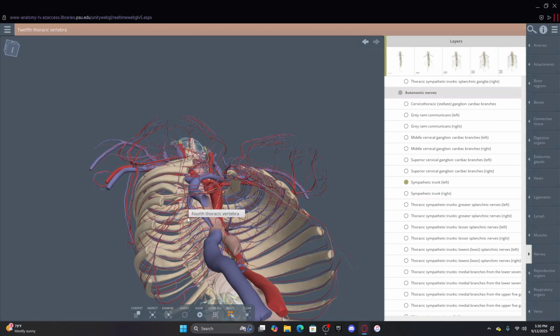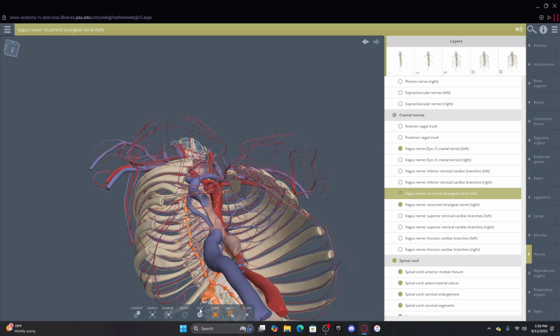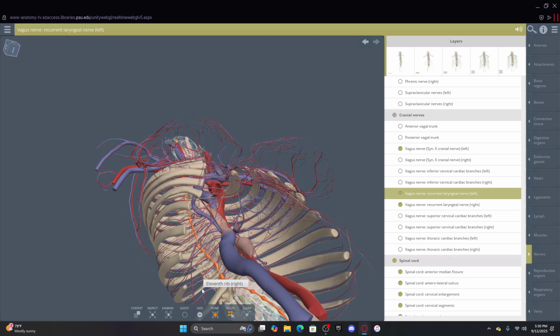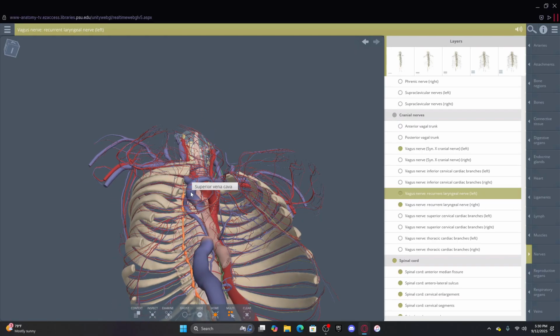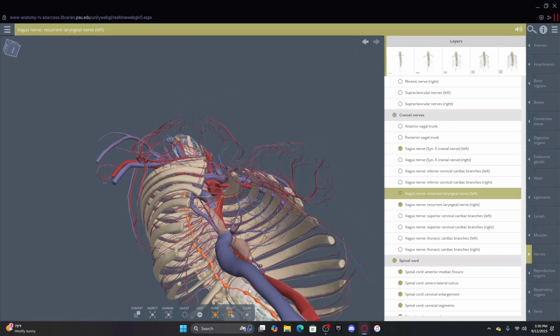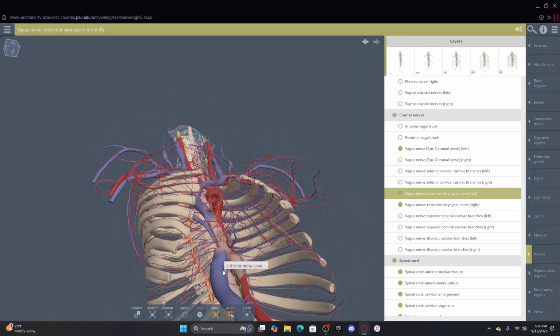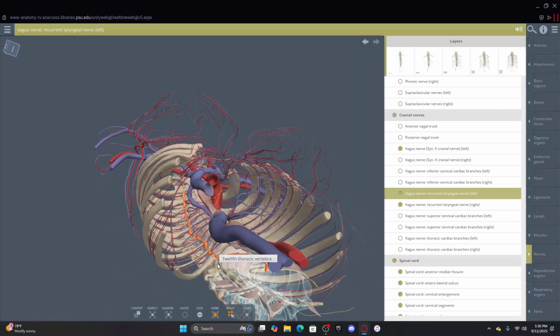You can see how it comes all the way down the lateral side of the vertebra, all the way in the posterior abdominal and lumbar vertebra. So you see abdominal, thoracic, lumbar. You can literally see the sympathetic trunk coming all the way down.